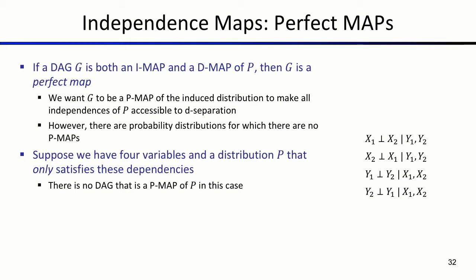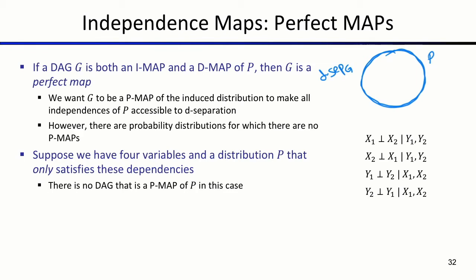So perfect maps is exactly what we wanted to have, but we cannot have it in most of the cases. It will be the case where if you look at the set of independencies for P, and we look at the set of d-separations for the graph G, they match. So they are exactly the same.